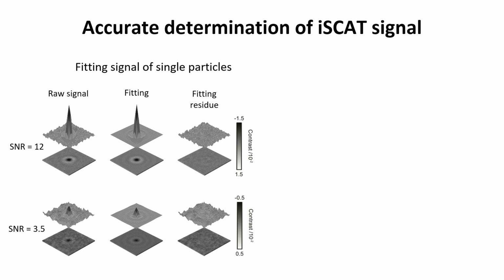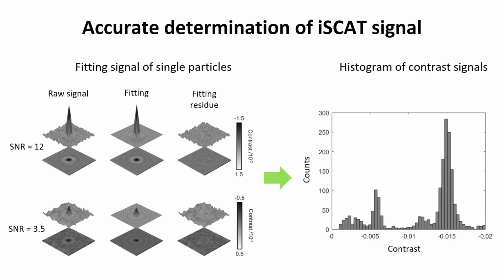Then we fit each particle that we see in the movie and create a histogram of contrast signals. Here's an example of contrast signal versus counts, and you can see different populations of particles. Here, of course, it's a protein, and you can see high contrast and low contrast, and it's quite nicely resolvable.